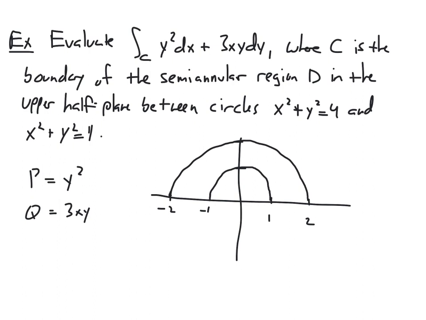And so our curve C is going to go around this region between these circles. So if I start at the point (1, 0), the curve is going to go over to (2, 0), traverse the circle there, go over to (-2, 0), and then along this other circle, (-1, 0) to (1, 0).